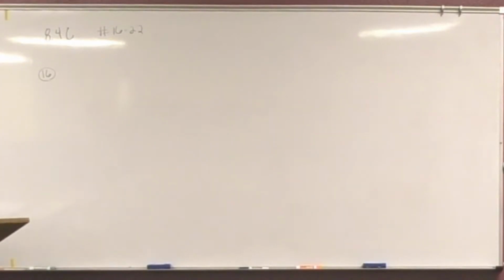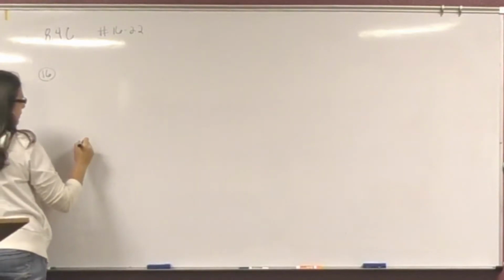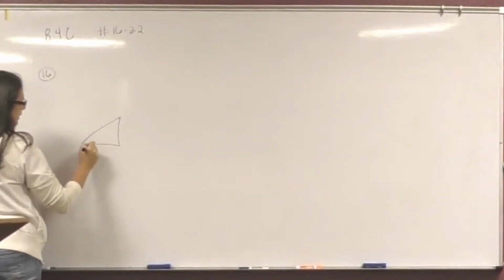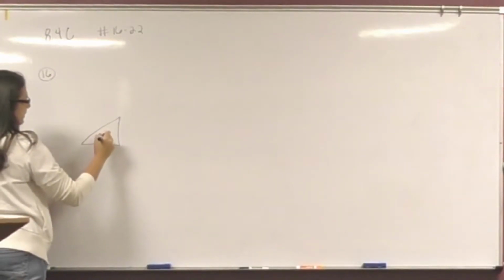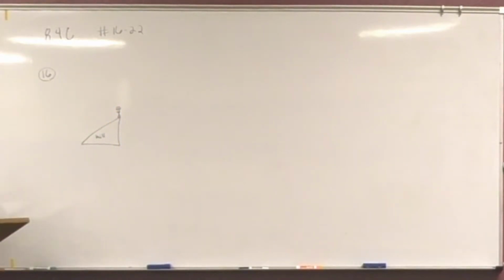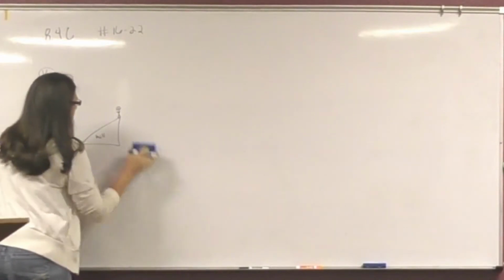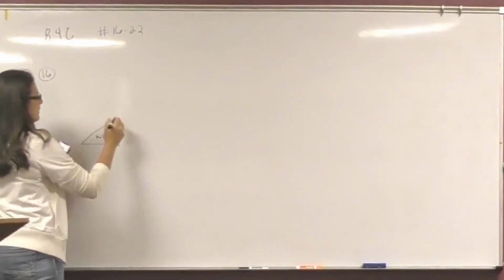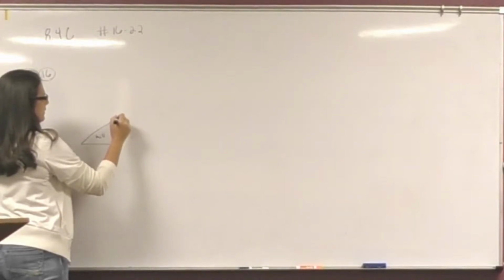Let's start with the diagram. This is the hill, and here's Tony at the top of the hill. I think she's actually sitting, so we'll make her little feet dangle. There, her feet are dangling.